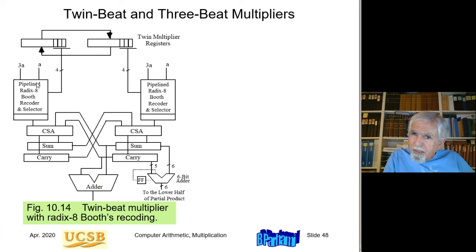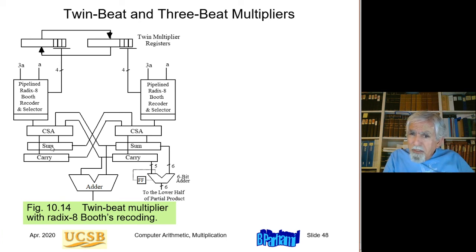Those are base shifted versions of A. And then the negative versions of those are just complementations. So this logic here basically forms whatever multiple is dictated by these 3 bits and 1 bit of context, and forms that multiple using these 2 values, and adds that multiple to the carry-save partial product.